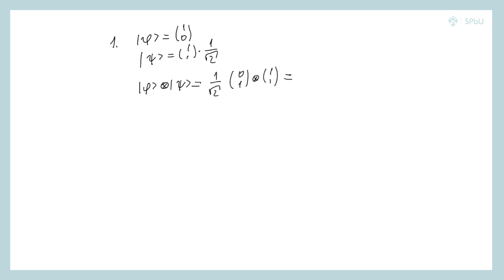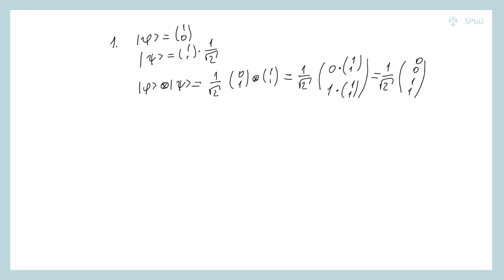And we could rewrite this as follows: 1 divided by the square root of 2 times (1 multiplied by the vector (1, 1), 0 multiplied by the vector (1, 1)). And finally, 1 divided by the square root of 2 times (1, 1, 0, 0).